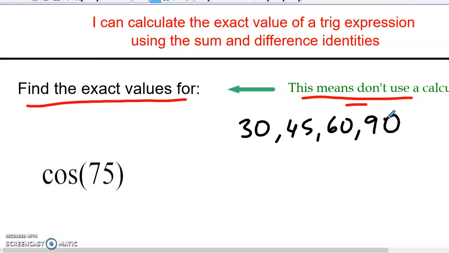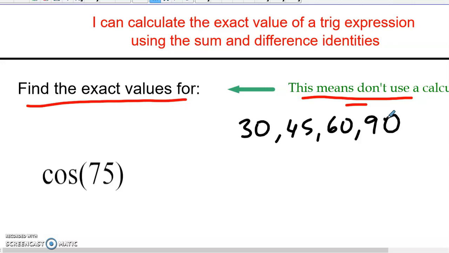Okay, and then if they're over 90, you may need to bring 180 into the mix, and then if they're in like a third quadrant, you may need to bring 270 in the mix. If it's a very large angle, then just keep subtracting 360 until you get something between 0 and 360.